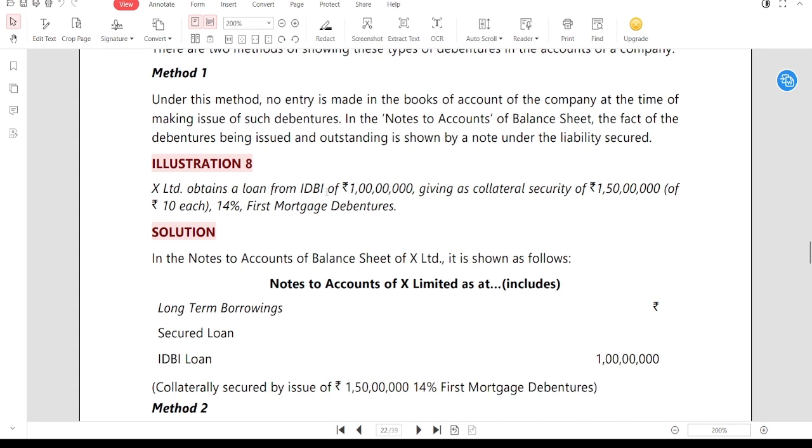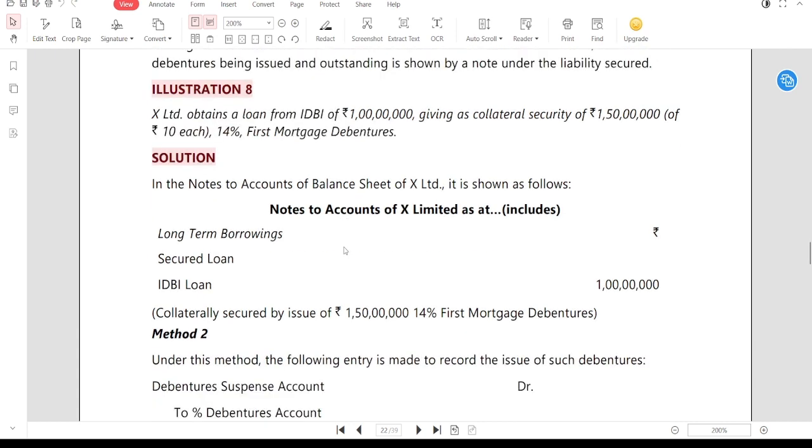See, the loan from IDBI of rupees 1 crore should be shown under long term borrowings. We know that. As per the financial statement, we have to show the long term borrowings under the head of non-current liabilities. Correct. Long term borrowings is a subheading, and under it secured loan, because obviously the loan is being given on security, so that's why it is called secured loan. Secured means some security is being given for the loan. Then the IDBI loan, obviously taken from IDBI, so write IDBI 1 crore.